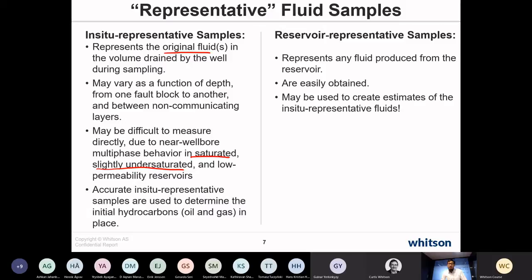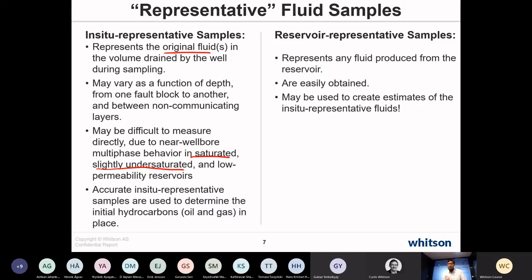And this is a very important point: these reservoir representative samples can be used to create estimates of your in situ representative fluids. That's the main concept behind this equilibrium contact mixing topic that we are going to discuss, and Matthias briefly talked about it yesterday.